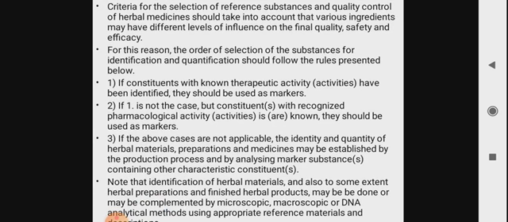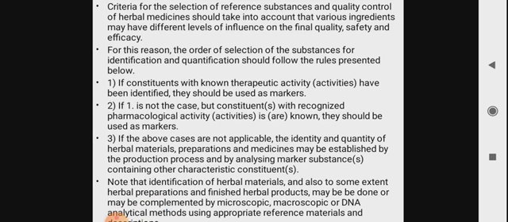First, if constituents with known therapeutic activity have been identified, they should be used as markers. Means we can find out the chemical nature or the chemical constituents in the herbs or the plants. These chemical constituents may be known or unknown. If they are known, simply we can find out their therapeutic activity, and then we can go for their screening and their further study.